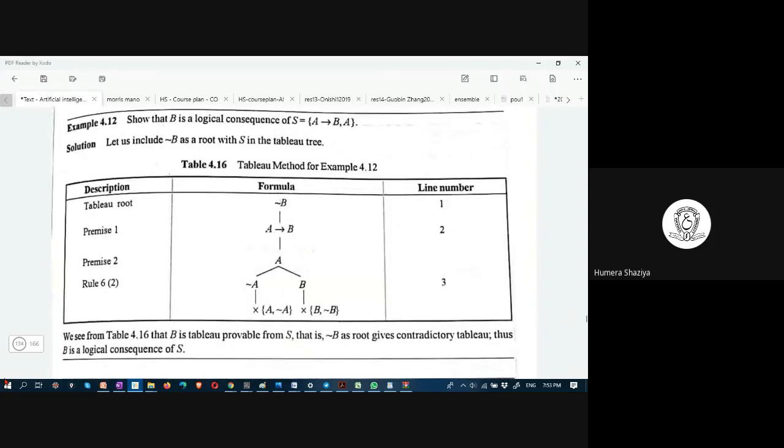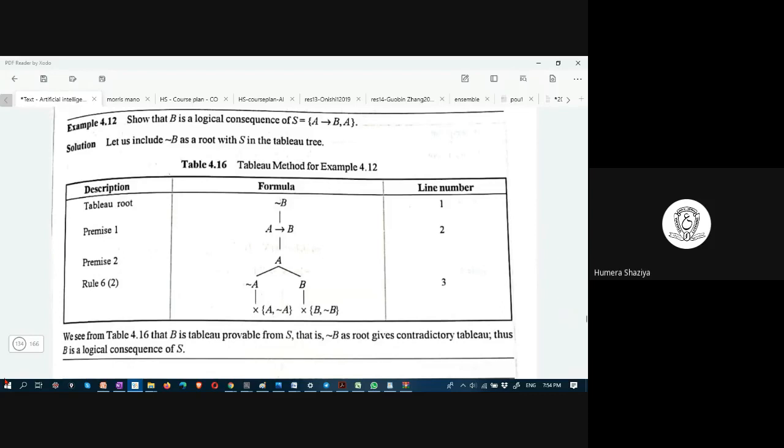Show that B is a logical consequence of S equals A implies B, comma A. Start with not B, because this is the backward chaining method. You start with the negation of the derivative, so it is not B. Not B and premise 1.